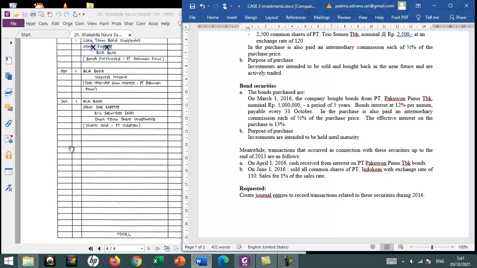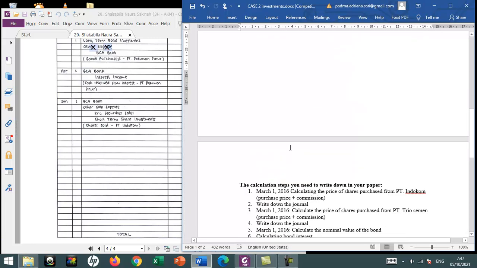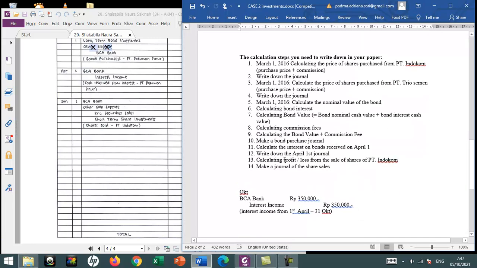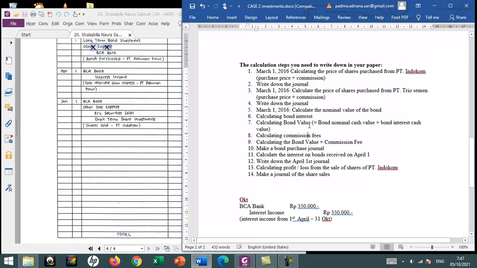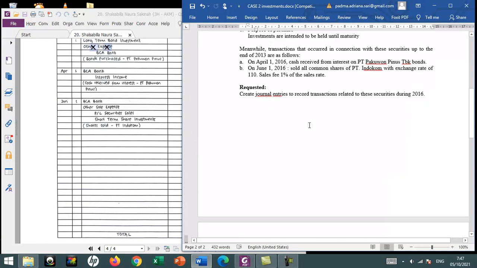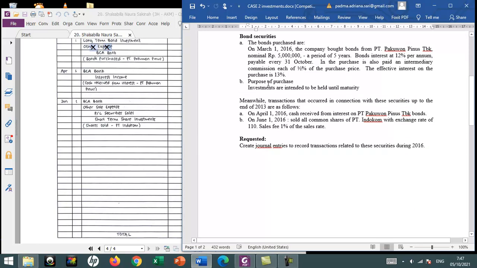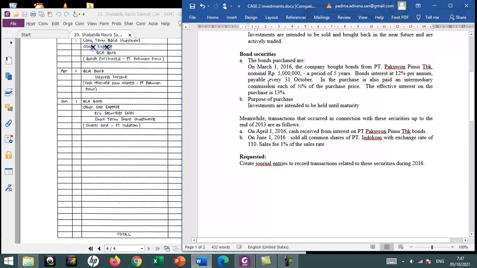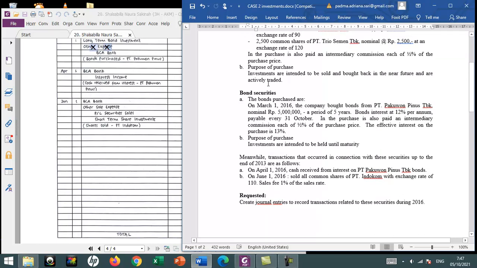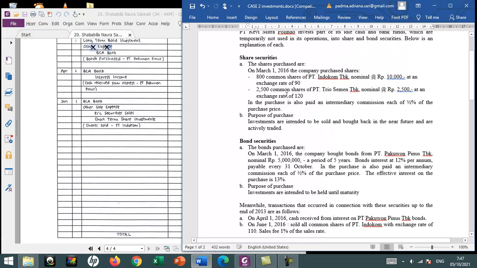Actually there is one more journal that you need to record, but I didn't put it here in the calculation step, but you can add it here. So you need to record the cash received from interest in October, because here in October 2006 the company received the bond interest.